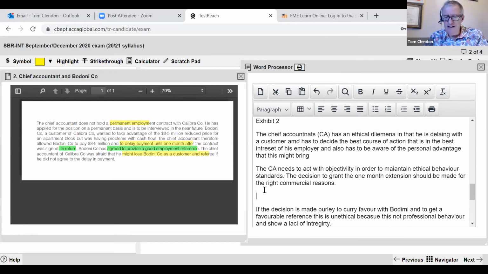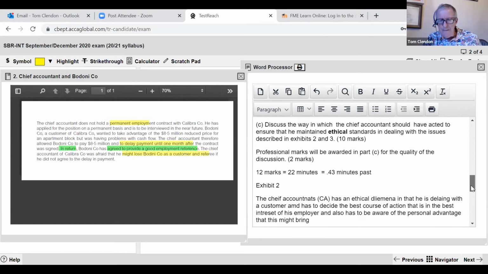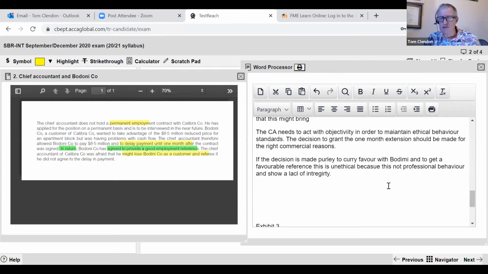Now, have I exhausted what I'm about to say? I think I almost have, but discuss the way in which they should have acted. So I think I need to talk about what he should have done. So what should you do?